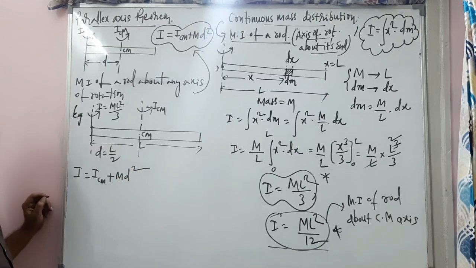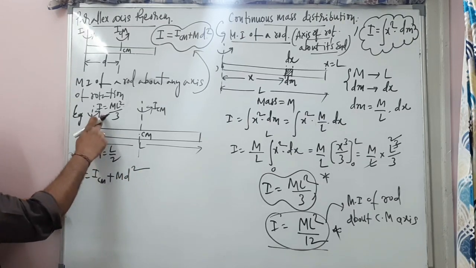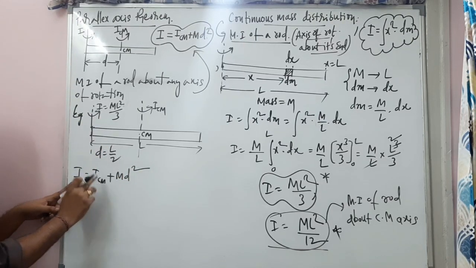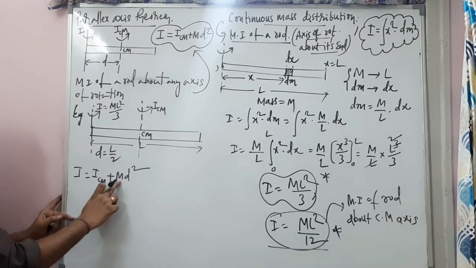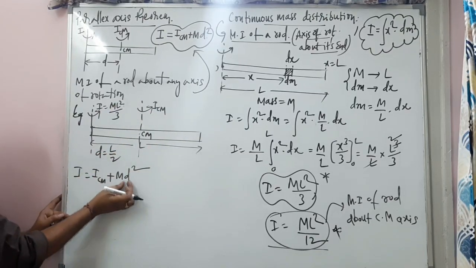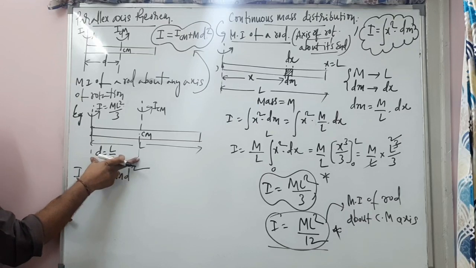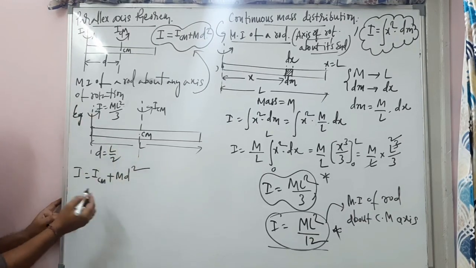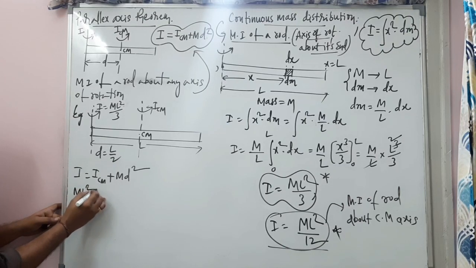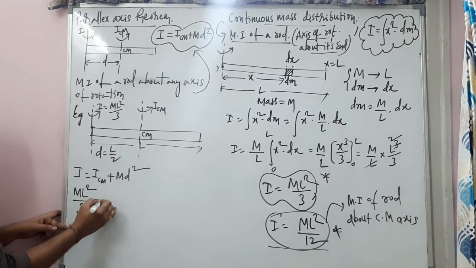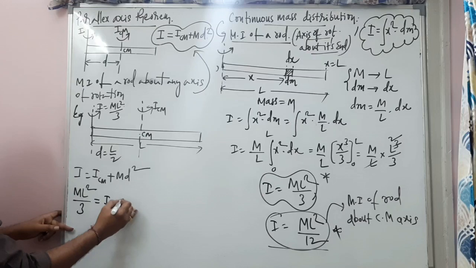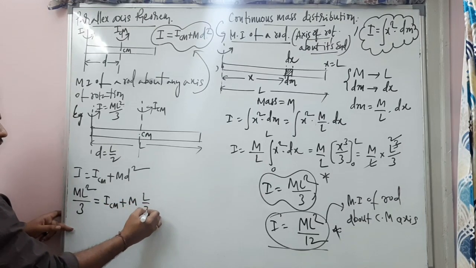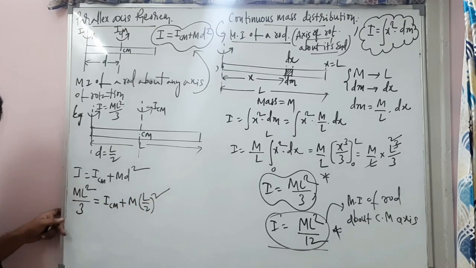Let's substitute everything. I, you know, is ml square by 3, and ICM, that we are going to find. M, mass of the rod, and D, what is D here? Perpendicular distance between two parallel axes, L by 2. Let's substitute. ml square by 3 is equal to ICM plus M times L by 2 whole square.